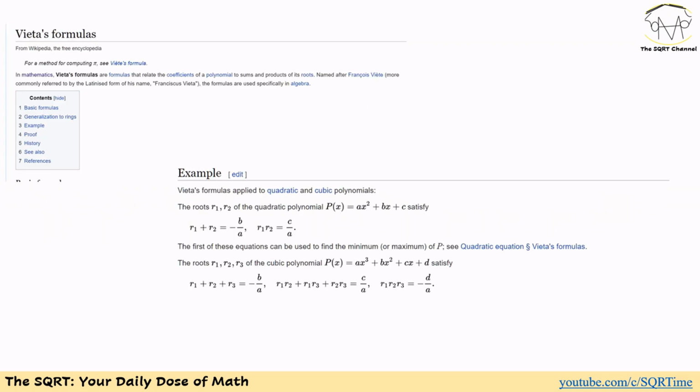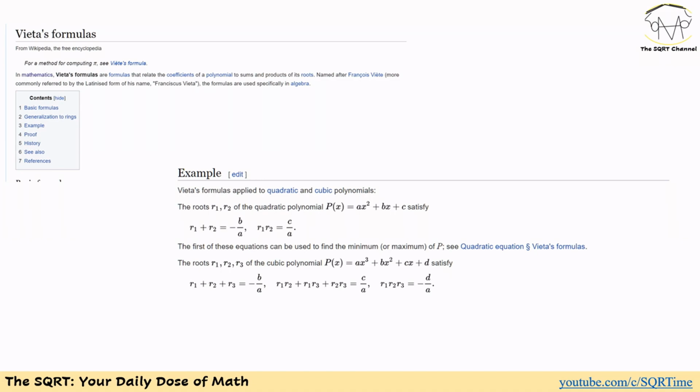Before moving forward to talk about the rest of the solution, let's remember something from the past. We have Vieta's formula. When we have a cubic polynomial like p(x) equal to ax to the power of 3 plus bx to the power of 2 plus cx plus d, we know if r1, r2, and r3 are the roots of this polynomial, then we should have three equations that we need to satisfy.